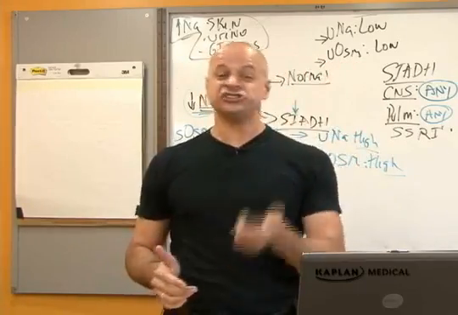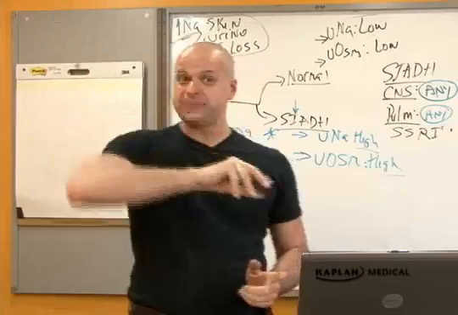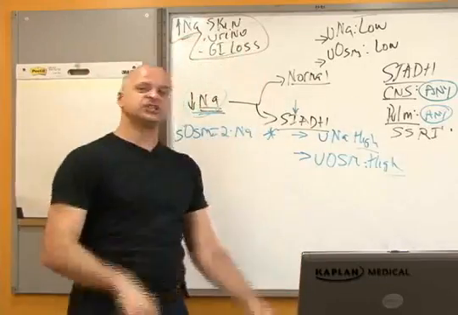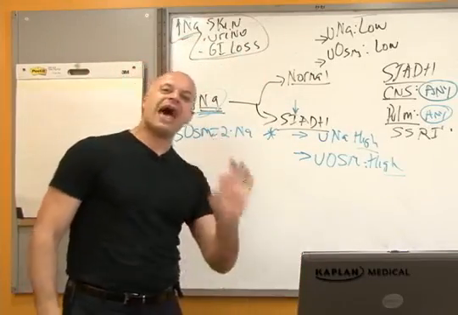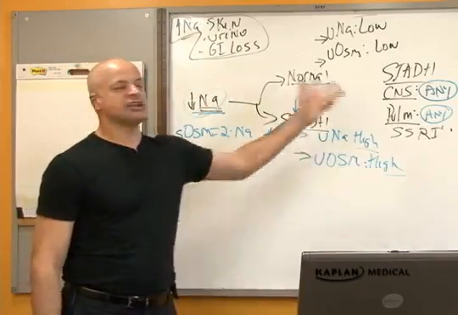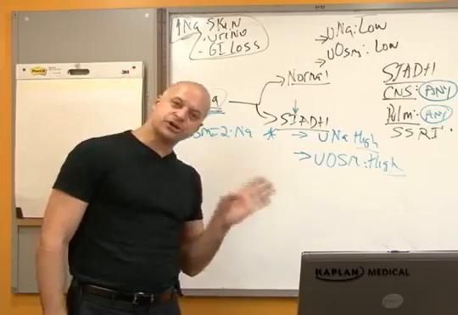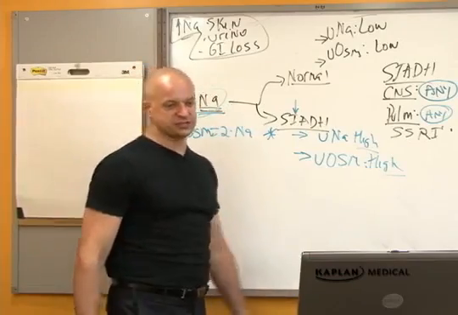Now, if I lost skin, urine, and GI fluid, and I replaced with free water over time, these things could actually cause hyponatremia. But without free water replacement, they cause hypernatremia. You go out and you urinate like crazy today, you get hypernatremic. Hypernatremia is without free water replacement.